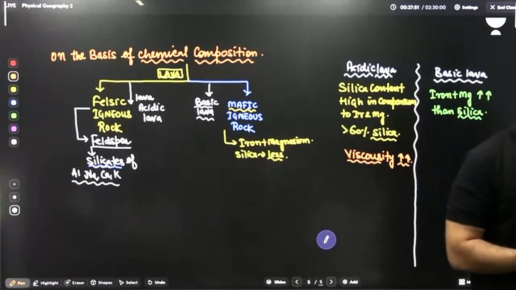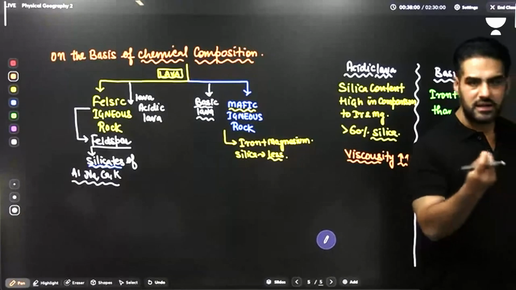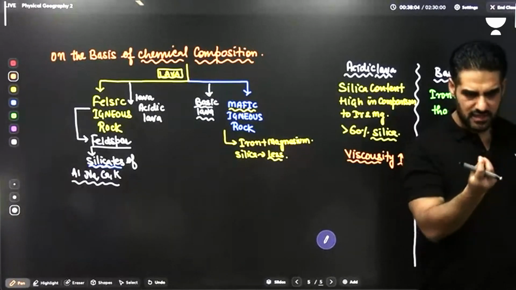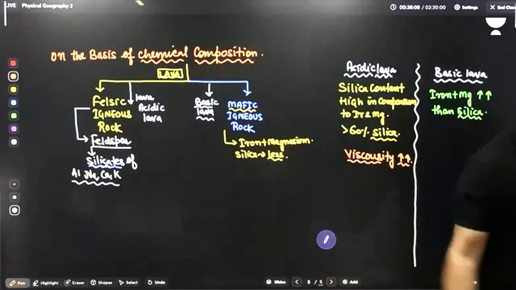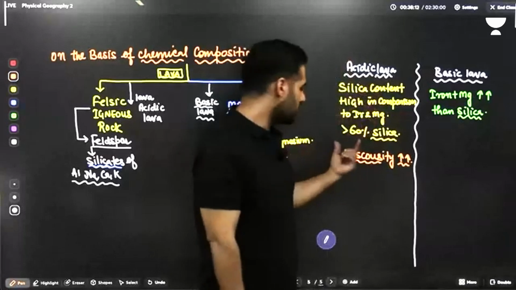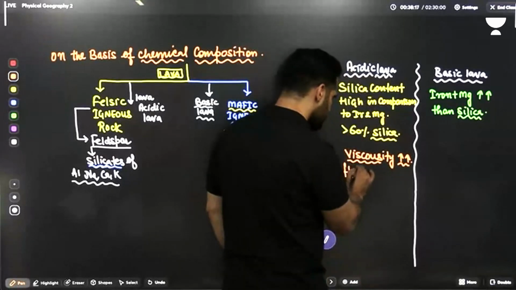So, does it give fluidity or resistance to fluidity? Resistance to fluidity. If I talk about honey, honey is more viscous. It is thick, right? Take clay: if you add water to the clay, what does it become? Sticky. So, if you try to throw it on the ground, will it flow more or less? Less. So, when lava has high silica, what will be viscosity? High. It means fluidity will be less.